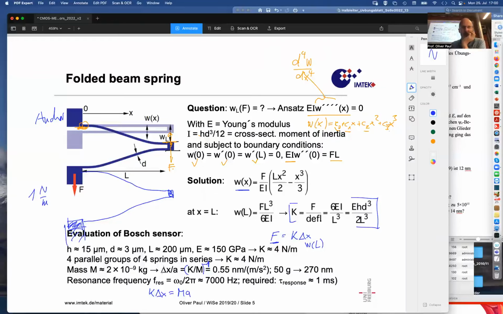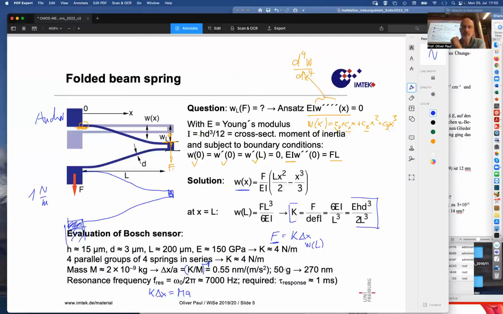And so if I calculate now M over K, I have this ratio of delta X over A, and the result is 0.55 Newton meter per second square. So for any unit of acceleration of 1 meter per second square, I get a deflection of 0.55 nanometers.